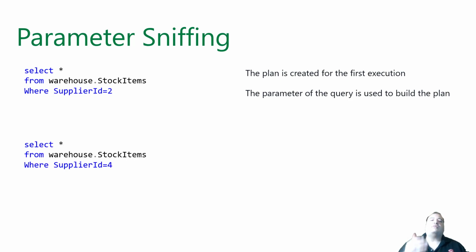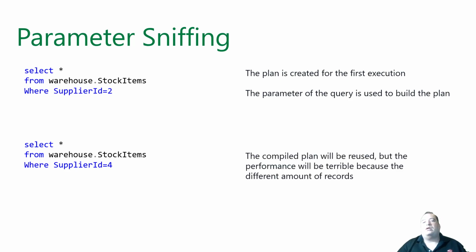Then when a second query arrives with a different value, value 4, what will happen? The same plan for the value 2 will be reused for the value 4. But the plan is not good for the value 4. In fact, the plan is absolutely terrible for the value 4, and will have a terrible performance.